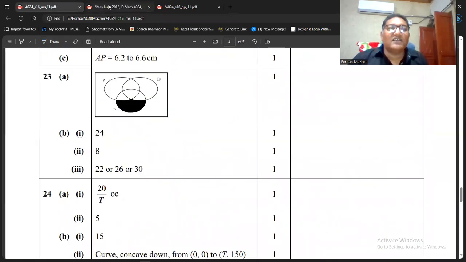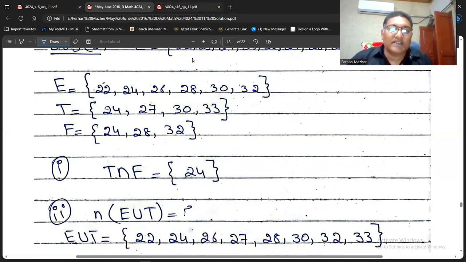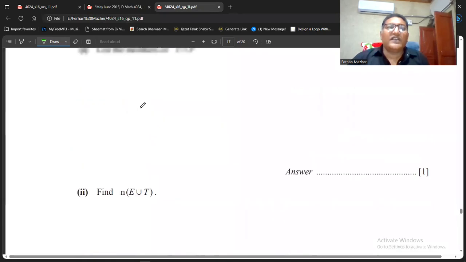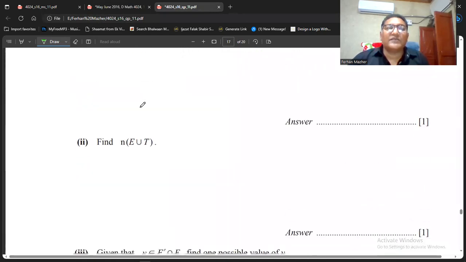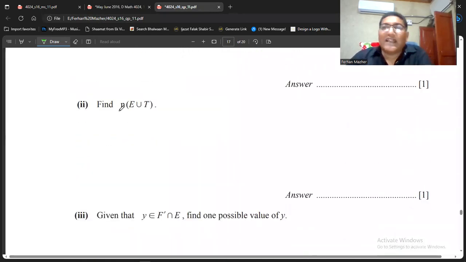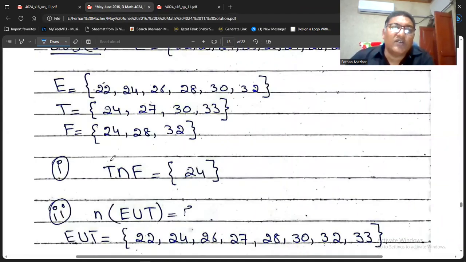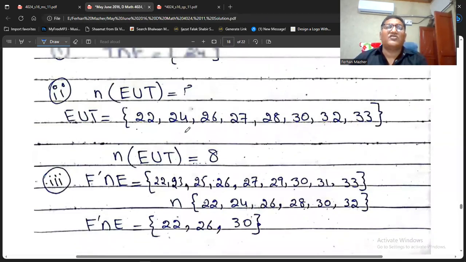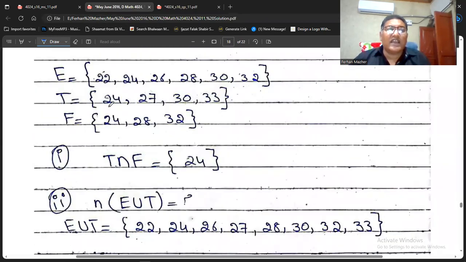Our answer is right. Okay, the next question is question number 23, B part, second portion. Find n(E union T), that is, how many members are there in E union T. So first of all, I will find out E union T. E union T means E and T united.